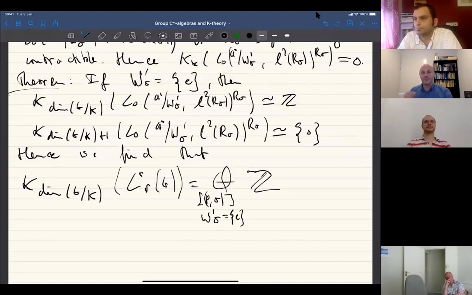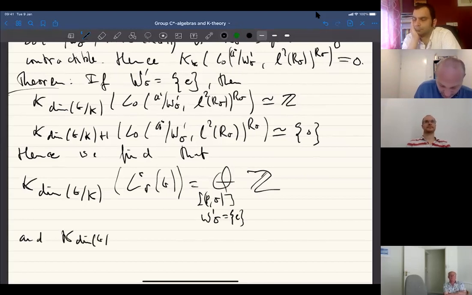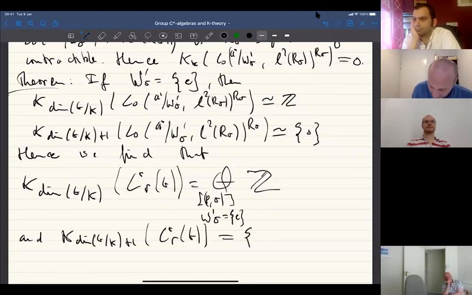So the K-theory of the real reductive group picks up a generator for each of these representations sigma and nothing else. So in the other degree, the group is 0.